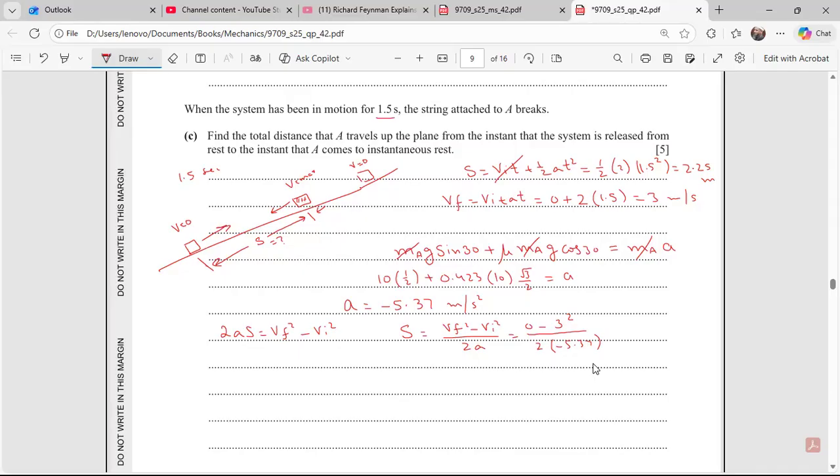Did I do this math correctly? I think I made some mistake here. I'm having some trouble here.